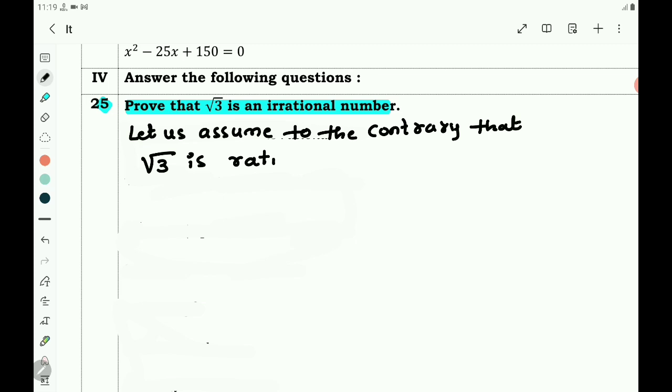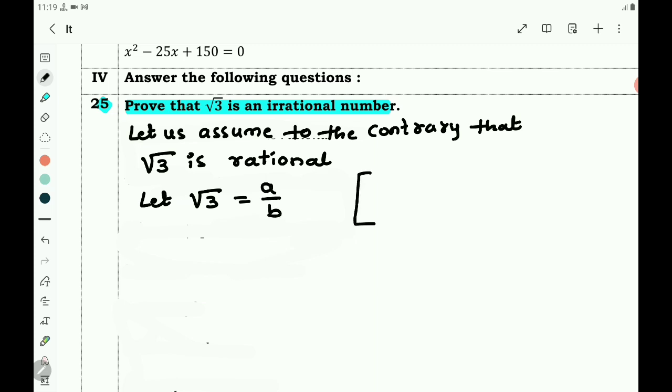We have to prove that root 3 is irrational, but let us start by taking root 3 as rational. If it is rational, it can be expressed in the form a by b, numerator by denominator. So let root 3 equal a by b.